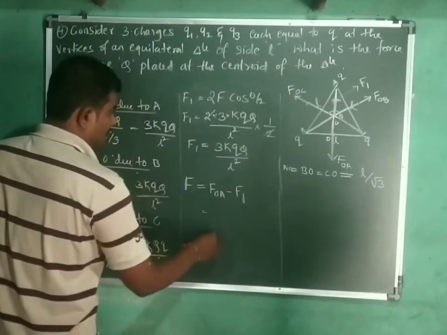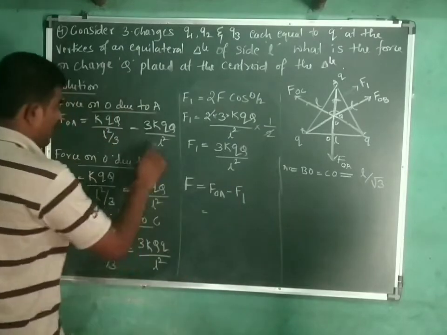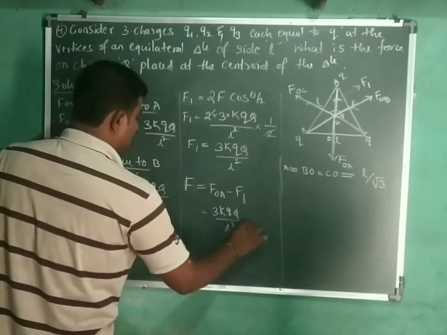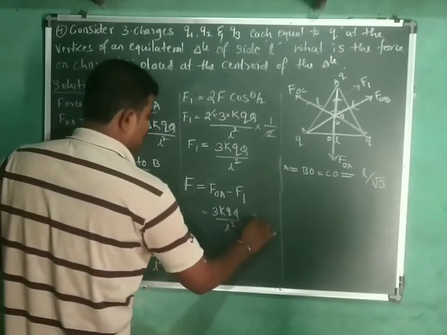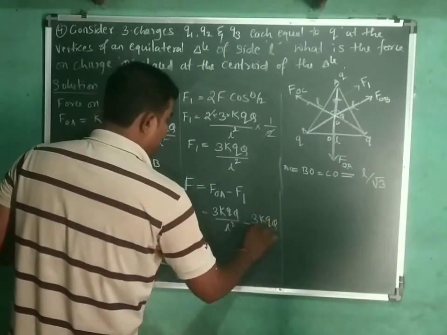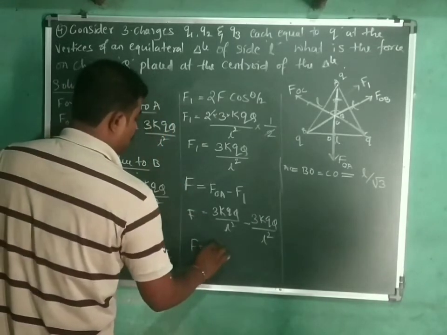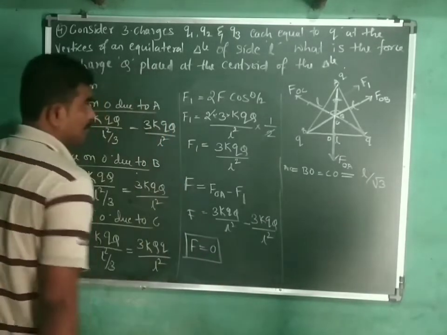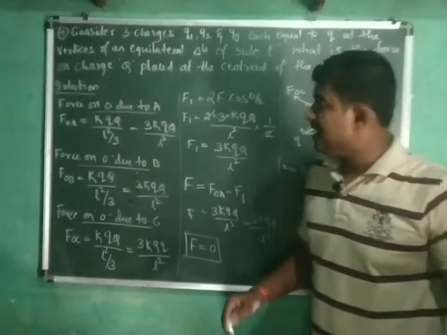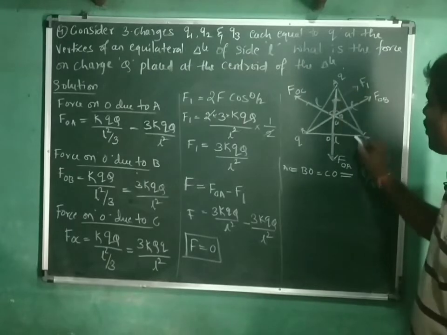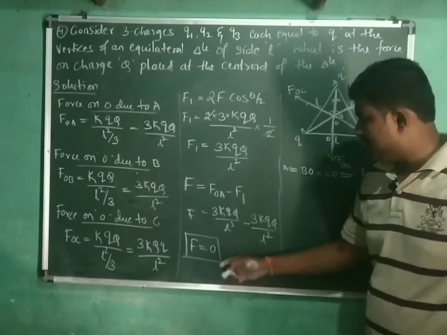And see here, FOA is how much? 3KQQ divided by L square, and F1 is how much? Once again 3KQQ divided by L square. Therefore net force is equal to how much? 0. It means the net force experienced by this capital Q charge located at the centroid of the triangle is 0.